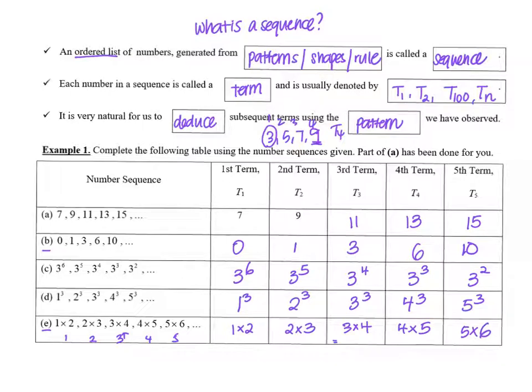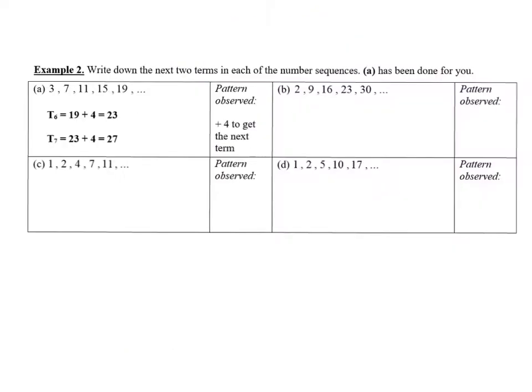Have you gotten the answer? Up next, let's take a look at some different sequences and learn to write down the next few terms of the sequence. Now, there can be a couple of different types of sequence. The one that we are observing here, for example 2A, has the sequence 3, 7, 11, 15, and 19.